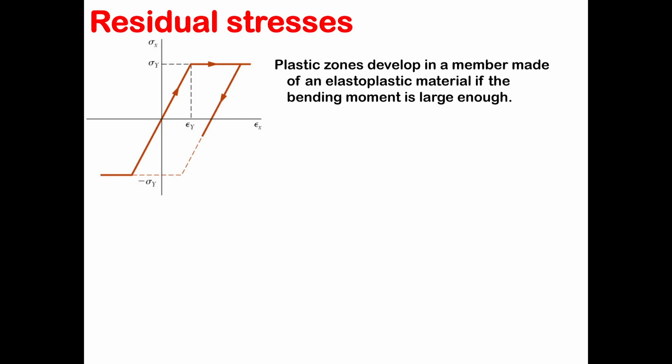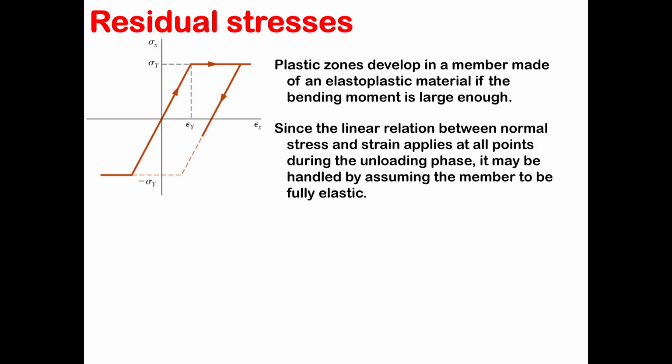Plastic zones usually develop in a member made of an elastoplastic material if the bending moment is large enough. So it is very important to know that we start by having small plastic zones, then the plastic zones will spread and you eventually get a full plastic bend, if you will, right?